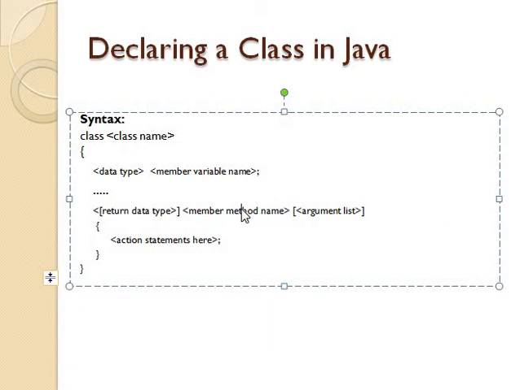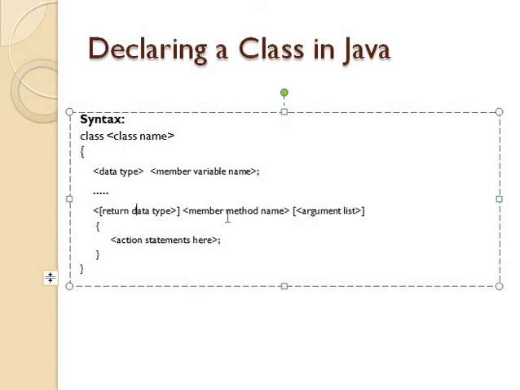Now a method can return a value or cannot return a value. If the member method does not return any value, then the return data type will be void.